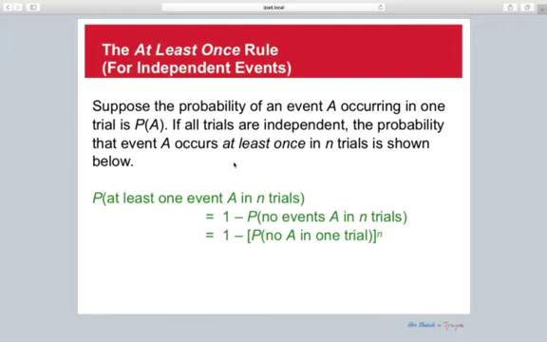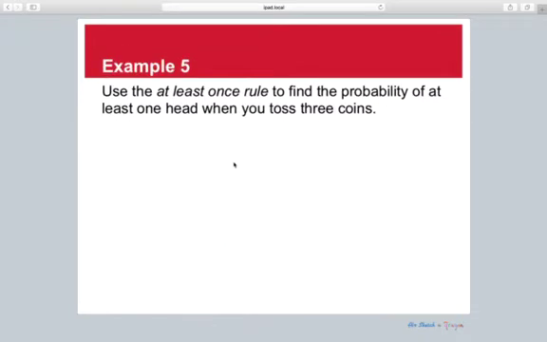So probability of at least one event A in n trials is 1 minus the probability that no events A in n trials, which is equal to 1 minus the probability of no A in one trial to the nth power. It's a little bit more of a complex rule, but I think it'll be easier to understand once we give it some context in this example.